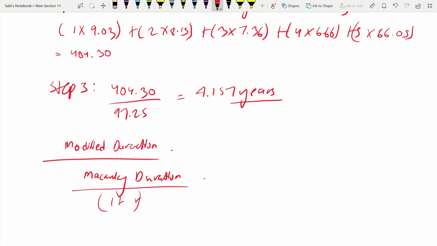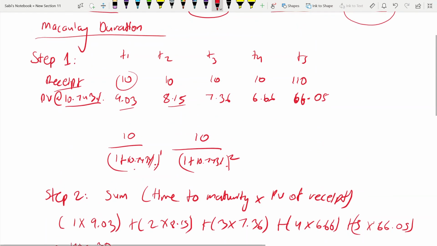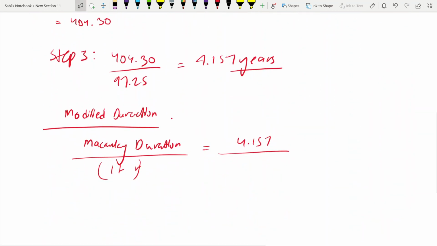So what is the Macaulay's duration? 4.157 divided by 1 plus the discount rate. The discount rate is 10.743%, so it will be 1.10743, which gives 3.754.